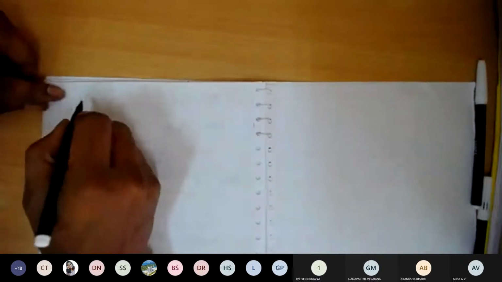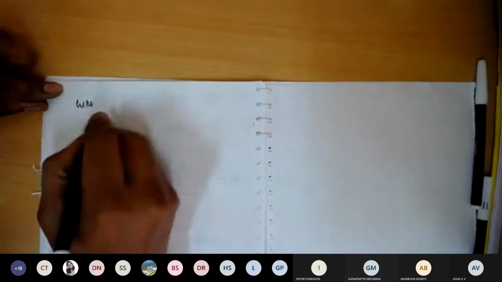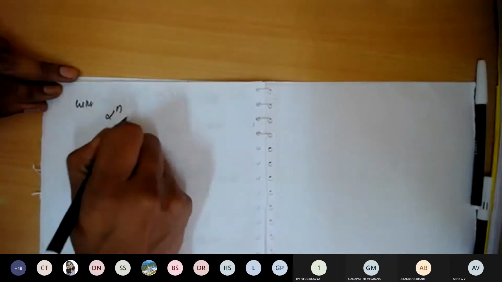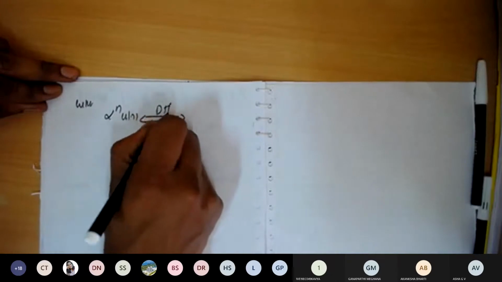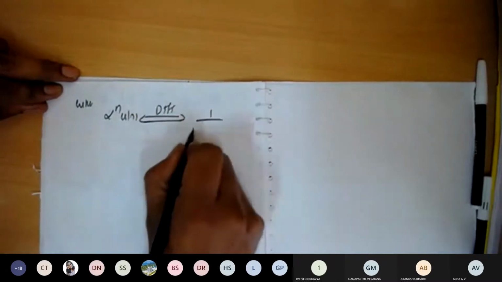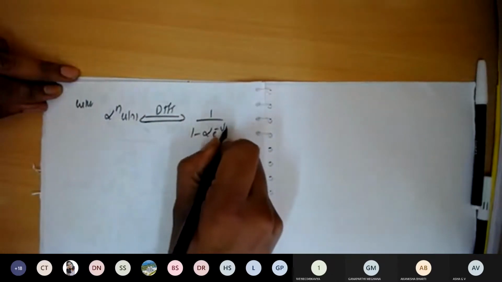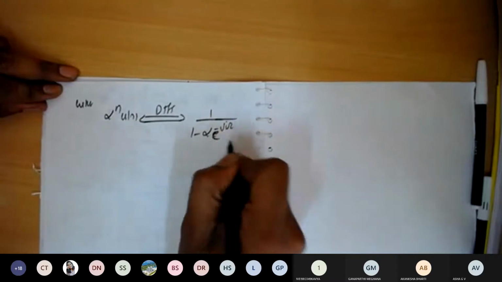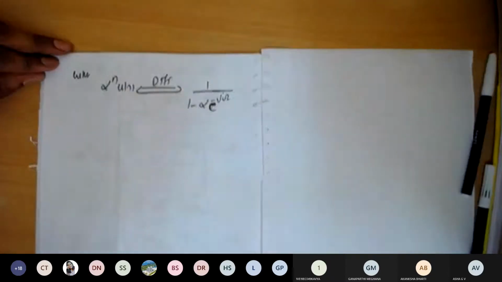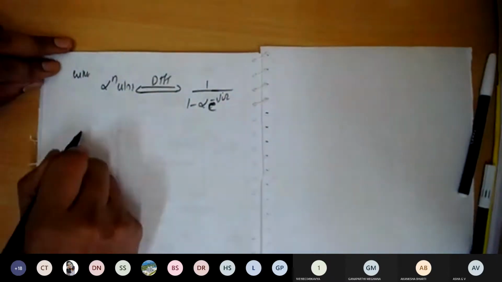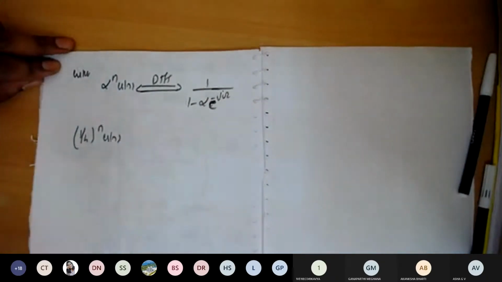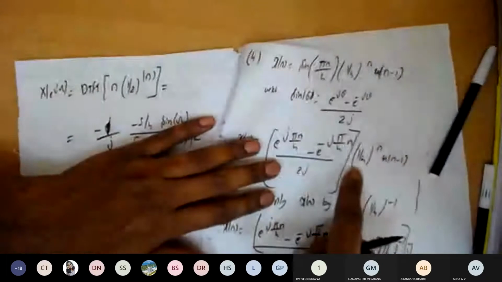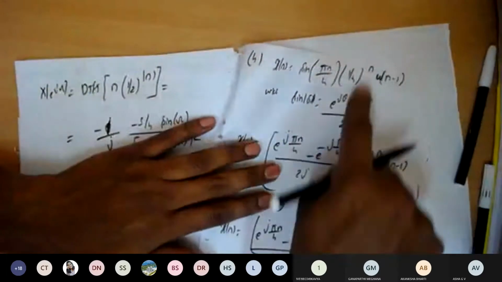Okay, so we'll write. What we know is alpha to the power of n into u of n, the corresponding DTFT is nothing but 1 divided by 1 minus alpha into e to the power of minus j omega. Now in place of alpha, we have 1 by 4 to the power of n into u of n in the given problem.